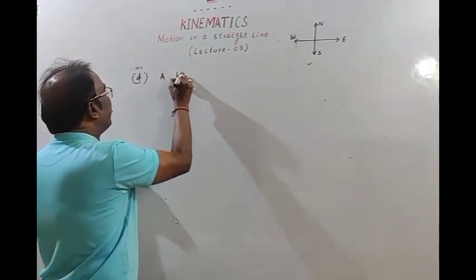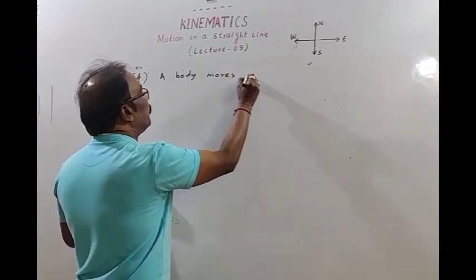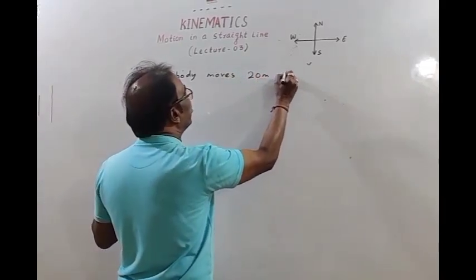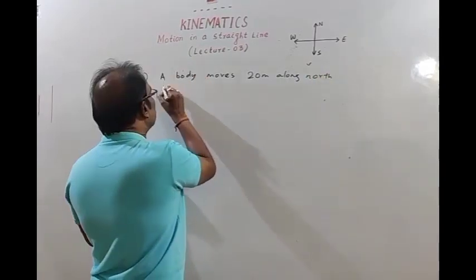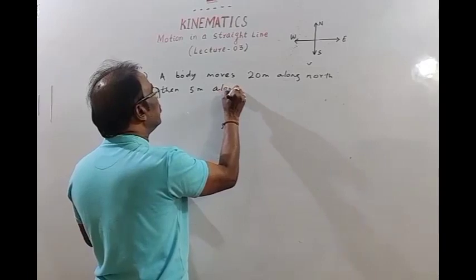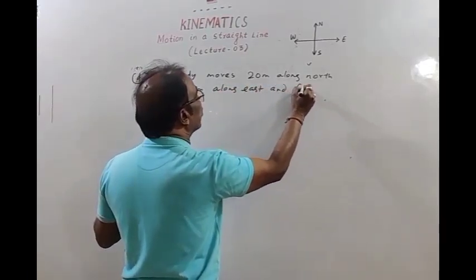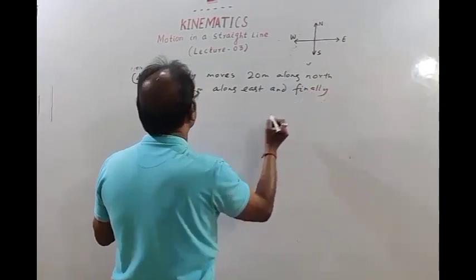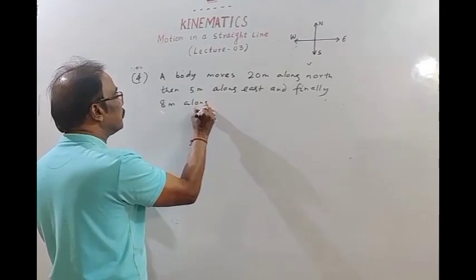A body moves 20 meter along north, then 5 meter along east, and finally 8 meter along south.